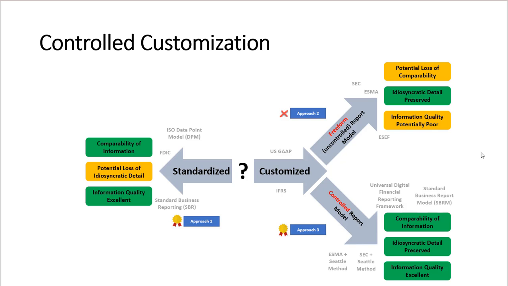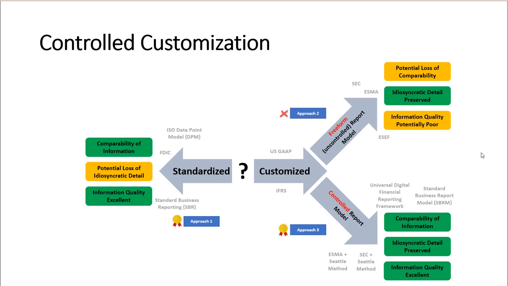It's basically a form, and you've got very good comparability of information, and information quality tends to be excellent. But the problem is you lose some idiosyncratic detail of the reported information, because you try and put everything into one form. An alternative is to allow the users to customize the form.